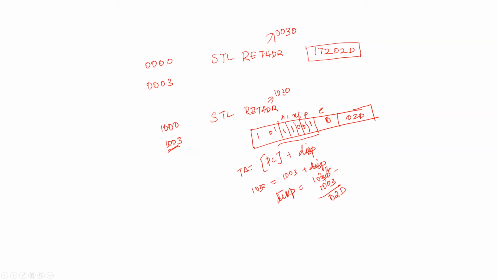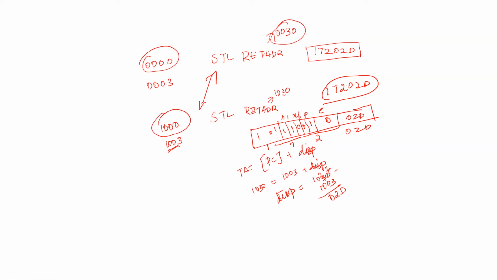Now I will write this as 1 and this is 4217, and if you take these 4, 8 4 2, this is 202D. So again 17202D. So what we have achieved here is, even if you change the location from 0000 to 2000, the instruction is the same.